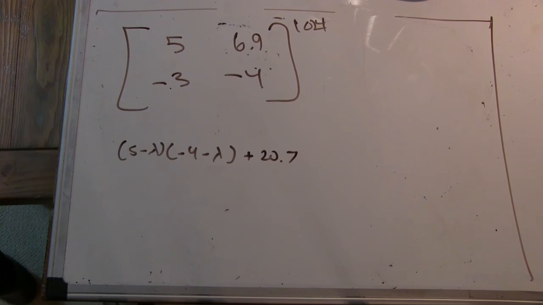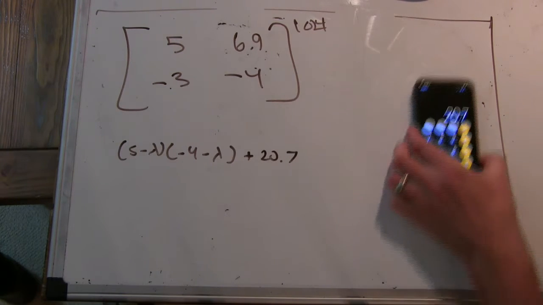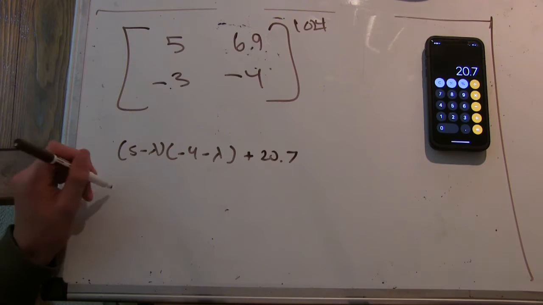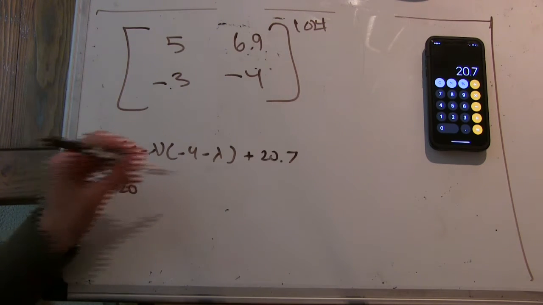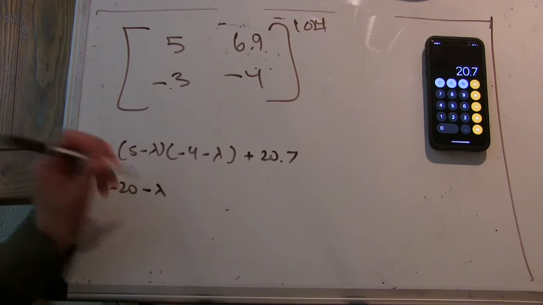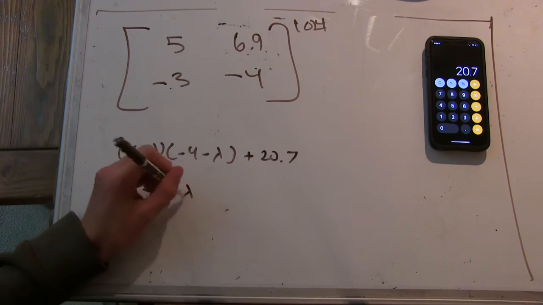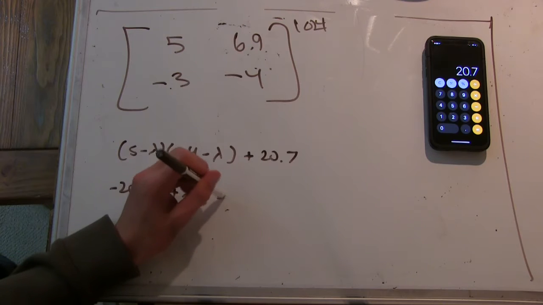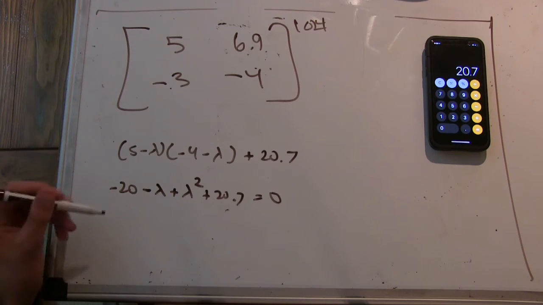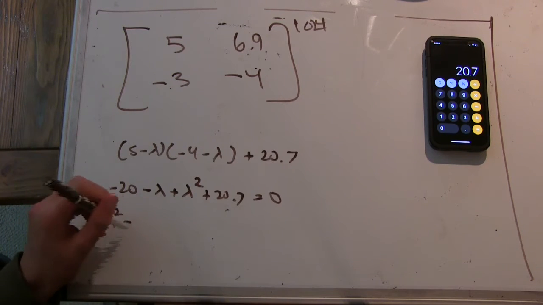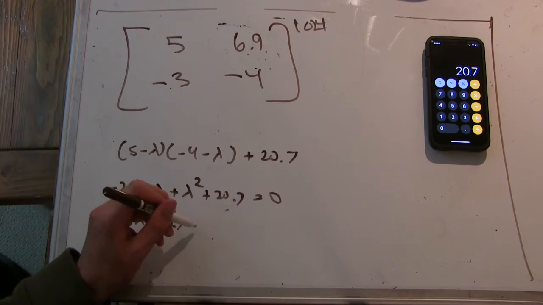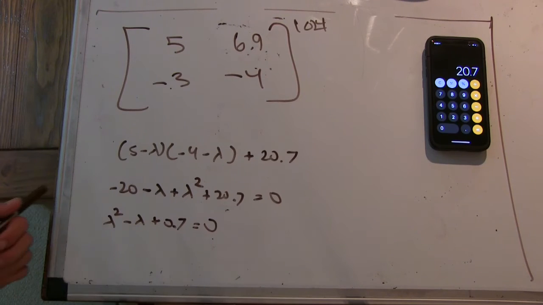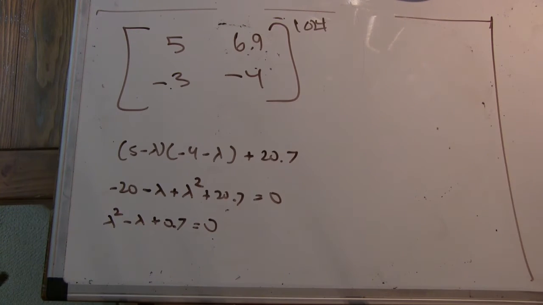So we have minus 20, minus 5 lambda, so minus lambda, and then plus lambda squared, plus 20.7 equals 0. So lambda squared minus lambda plus 0.7 equals 0. The quadratic formula is probably the best way to go here again.